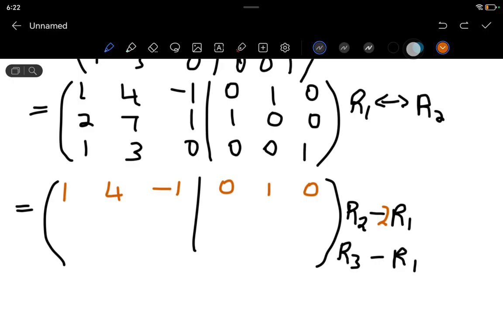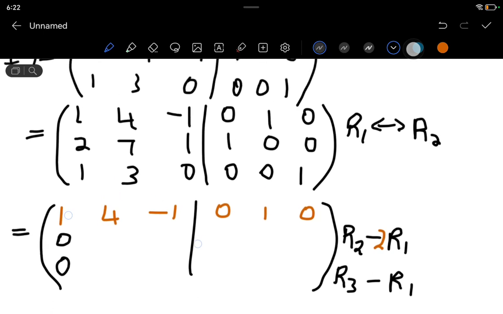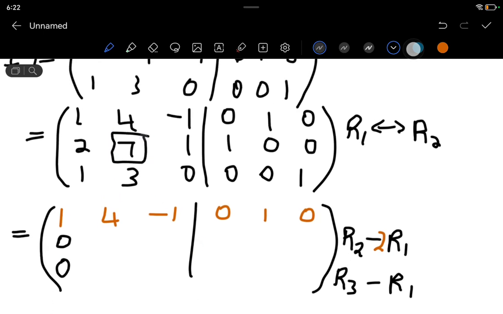So we know initially that this is going to be a 0 and this will be a 0. So now let's check. 7. If I apply this formula, I have a 7 there. I say 7 minus 2 times the 4 on row 1, since on row 1 I'm going to substitute 4. So this is 7 minus 8, which is minus 1. So we have minus 1.